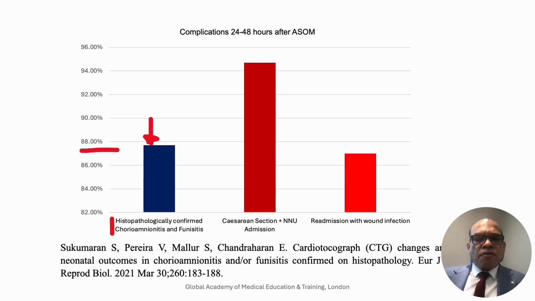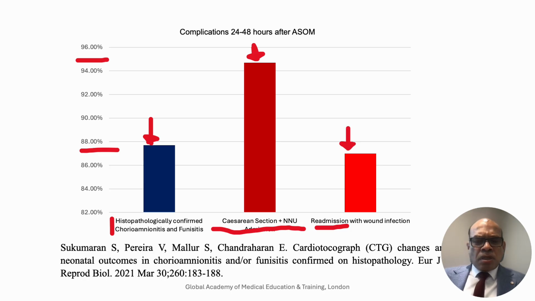84% of those who had membrane sweep had histopathologically confirmed cases of chorioamnionitis. And if you have a membrane sweep 24 to 48 hours earlier, there's more chance of having cesarean section and getting admitted to the neonatal unit, and also the woman coming with wound infection and readmissions.